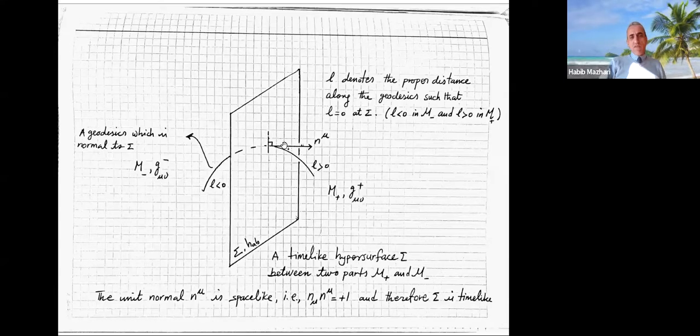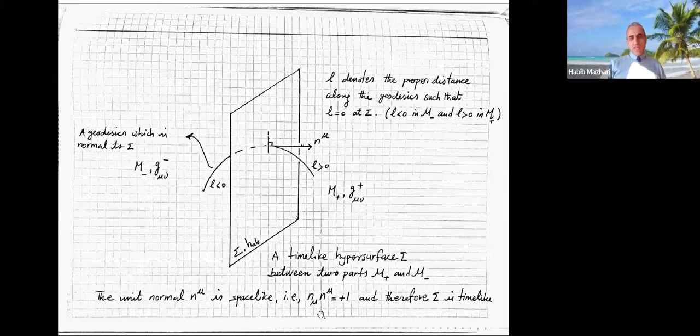In this way, we will work in a Gaussian coordinate system, a local system. Here l is the proper distance. Since we are going to talk about a time-like hypersurface, l is the proper distance from the surface, and we set l=0 to be the location of the hypersurface. Negative l is for M negative, and positive l for M positive.